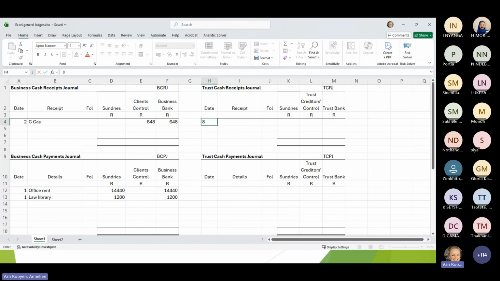Okay, can I quickly read it to you? Z Zulu instructs the attorney's practice to issue a summons against his wife for a divorce. He pays a deposit of 1620 to cover preliminary costs. Okay, so it's on the 8th. It's cash that we receive. There we go. Thanks, Anine.